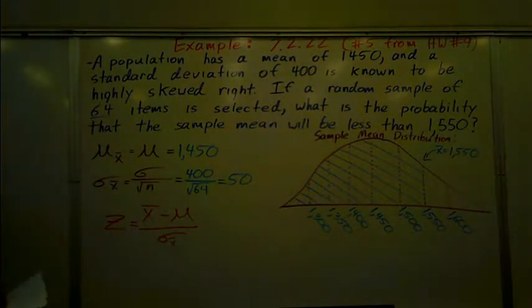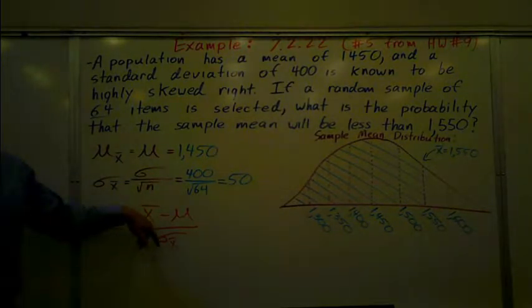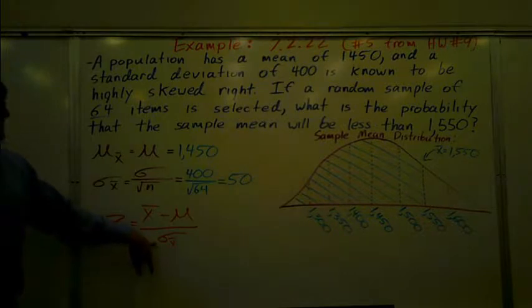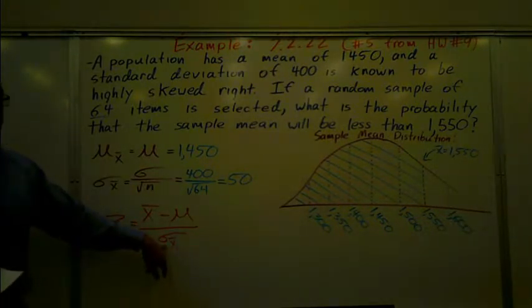So it's the same, just instead of having, before, a plain x sample, now we have a sample mean. Before we had a standard deviation of the population, now we have the standard deviation of the sample mean.